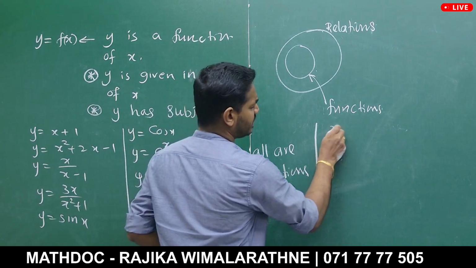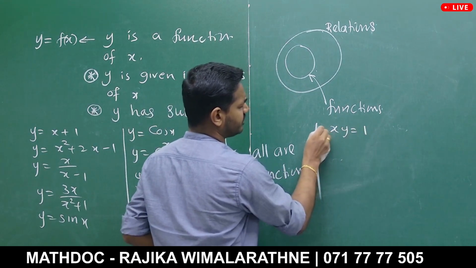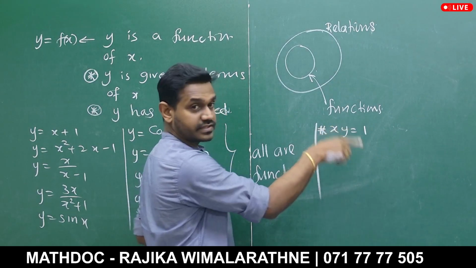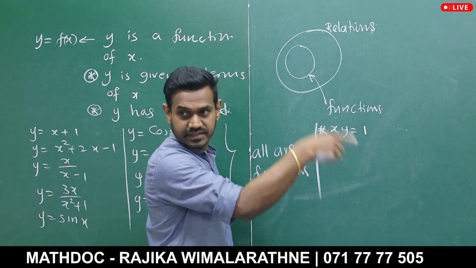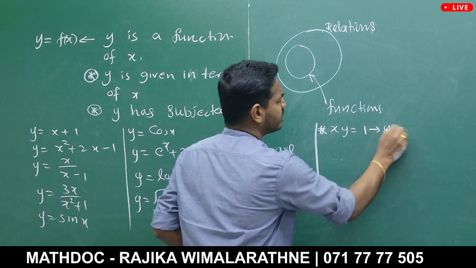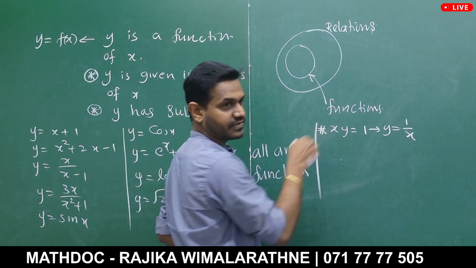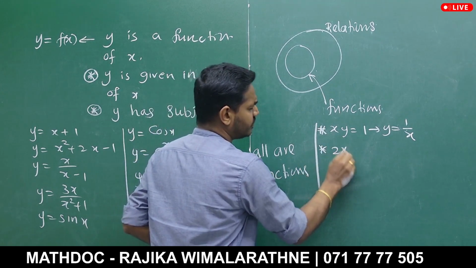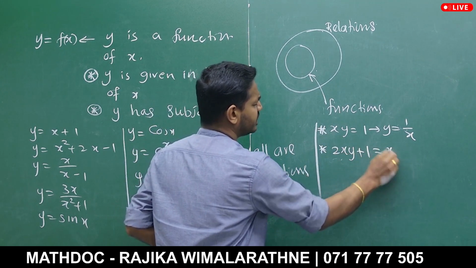Say xy equal 1. Here y is not subjected, no? But we can easily subject it: y equal 1 over x. It is a function, no issue. You see, 2xy plus 1 equal x.